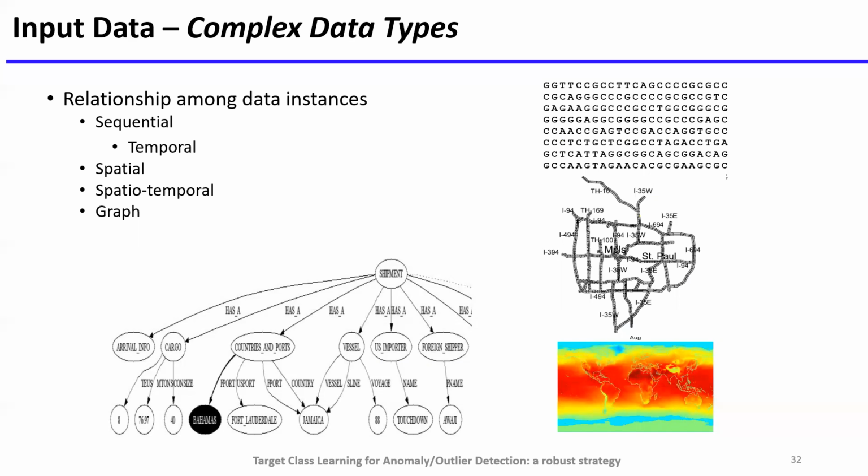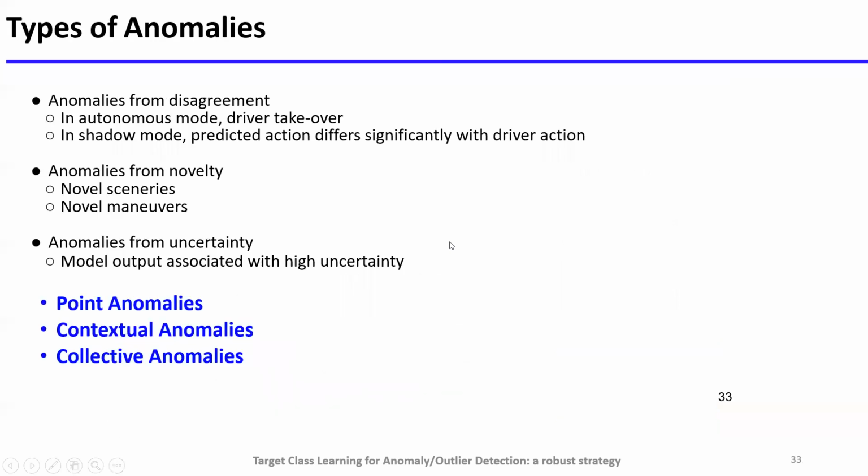So these are the various kinds of data which are available in any application domain. We need to accommodate all these types of data samples if we are trying to calculate the anomalies.